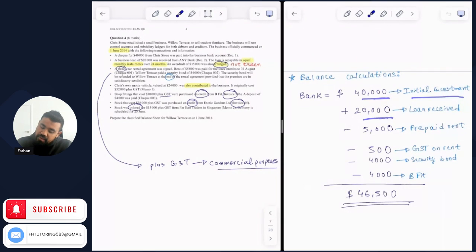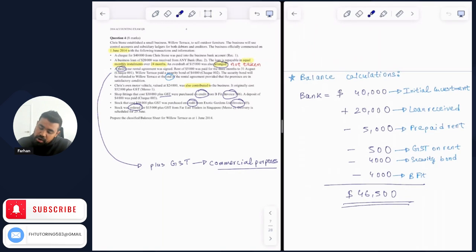Then we have made $5,000 payment for prepaid rent. That is what you can see in transaction number 3. But do not forget the GST on rent, which is $500, calculated as 10% of $5,000. And GST, although it wasn't explicitly mentioned in the question, you must remember that this agreement is signed between two businesses, and therefore this is for commercial purposes, all right? So therefore GST must be involved here.